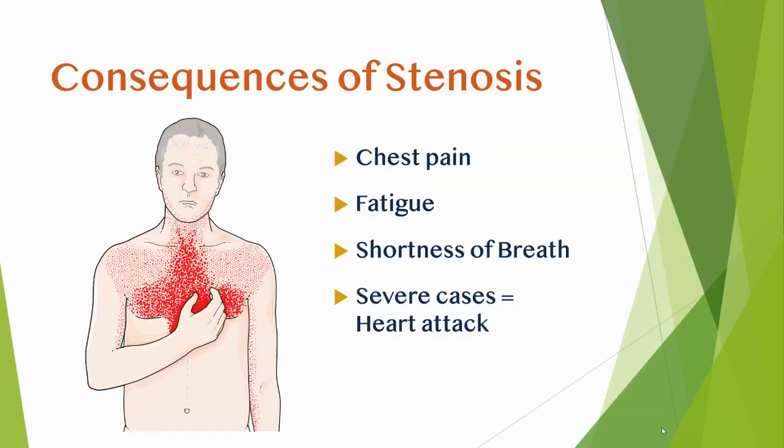The stenosis, or the narrowing, means that less oxygen is going to reach the heart muscle, which can cause a variety of symptoms, including chest pain, fatigue, shortness of breath, and in some severe cases, there can be complete blockage, which ends up leading to a heart attack.